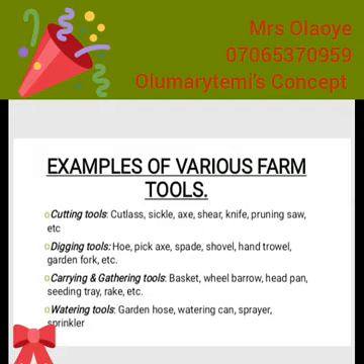These tools help in carrying water from one place to another. We have the garden hose, watering can, sprayer, and sprinkler. These are the different farm tools we have. Don't forget that the tools can be grouped into 4: cutting, digging, carrying and gathering, then the last one, watering tools.